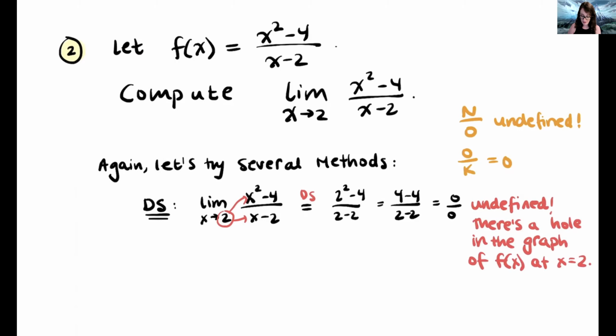Now, if you do graph this in your calculator or on Desmos or any of the other graphing calculators that I link on Blackboard, there's a section for a bunch of really good calculators that you can use online. A lot of them will not actually show you this hole because it's so small.